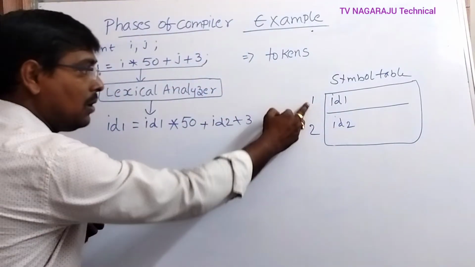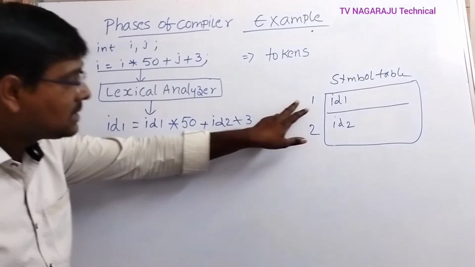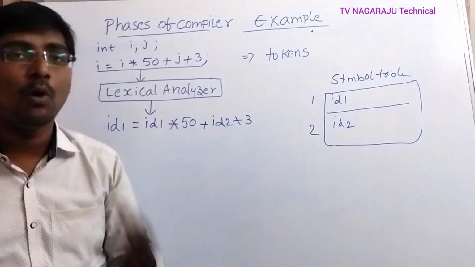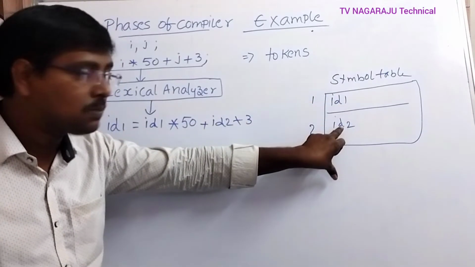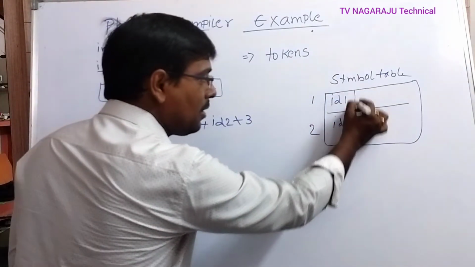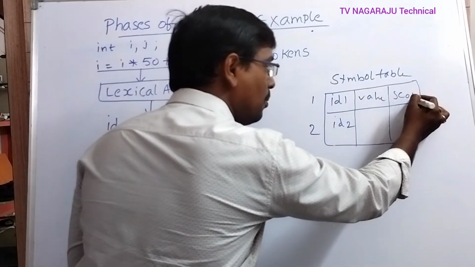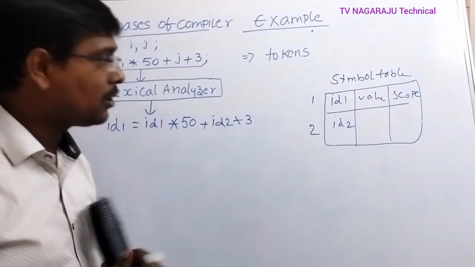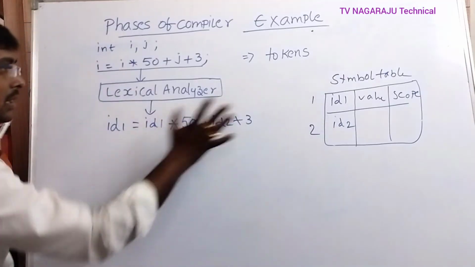Here 1 and 2 are attribute values. These attribute values act as a pointer, that means these are used to access the corresponding information about the identifier. Not only the name of the identifier, we have the value of the identifier, the scope of the identifier, and the remaining different parameters for a particular identifier are maintained by the symbol table. Now, that is not our thing.